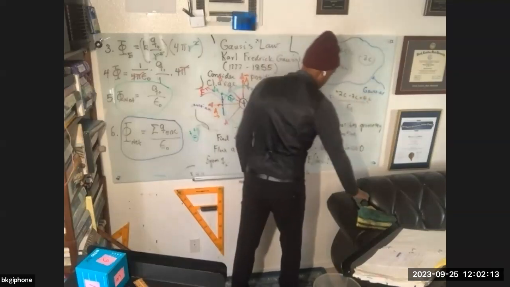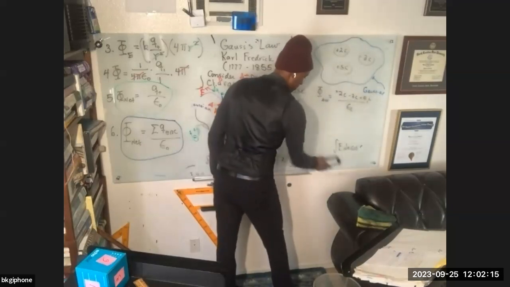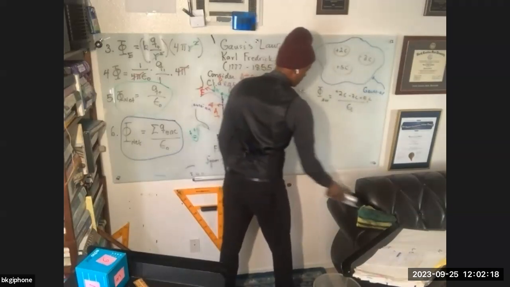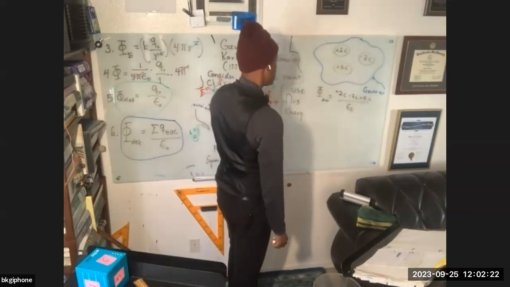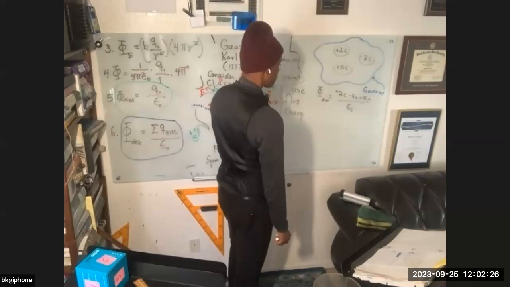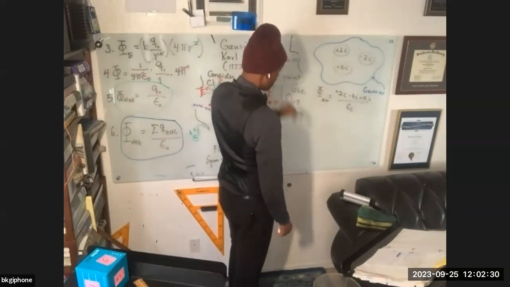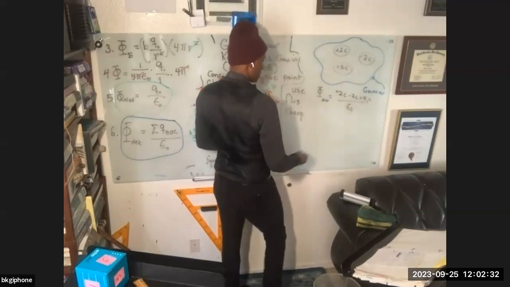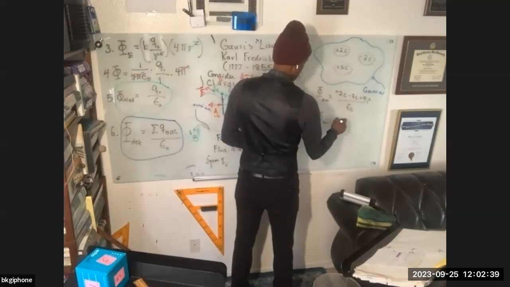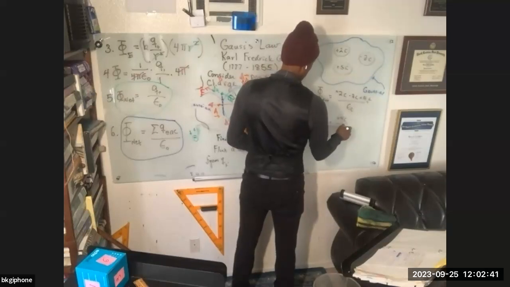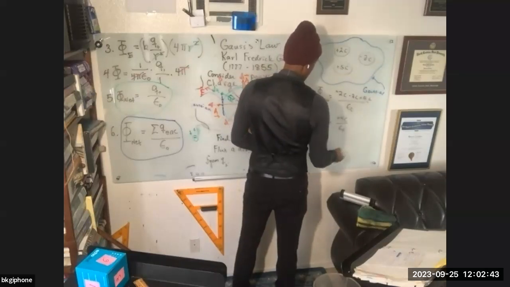So the total flux over that surface is just going to be, I can't add, +4 coulombs over epsilon naught. And we have to do the units.